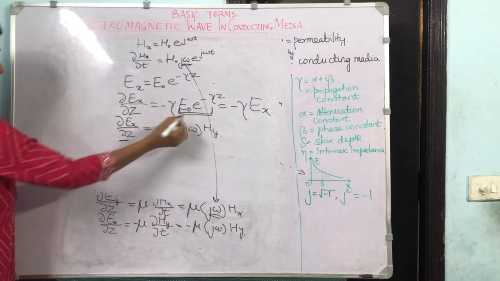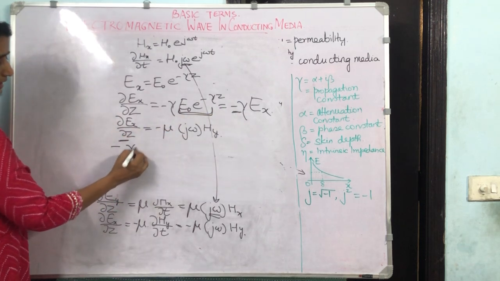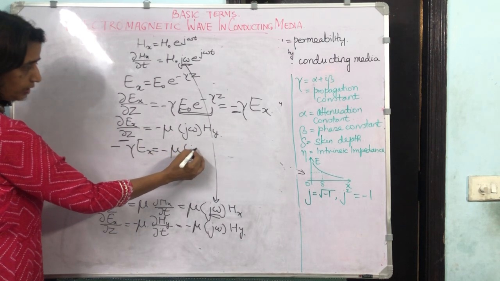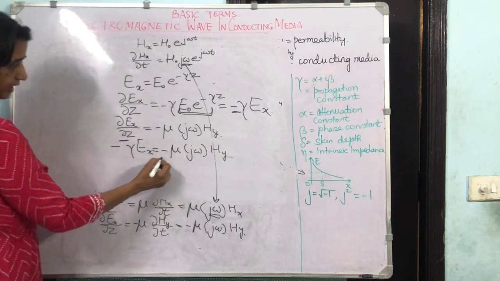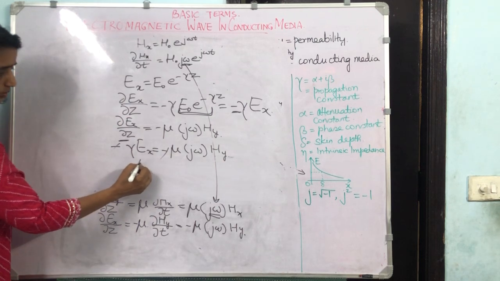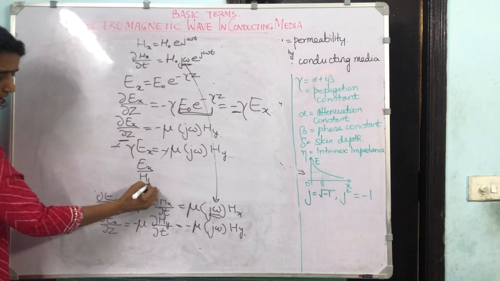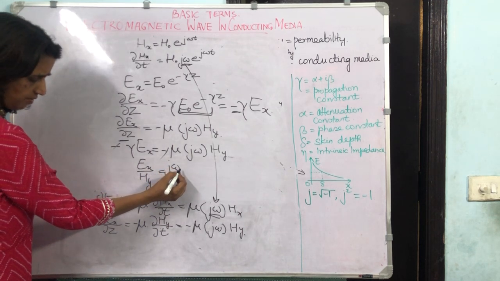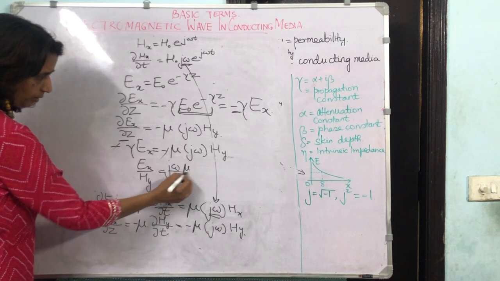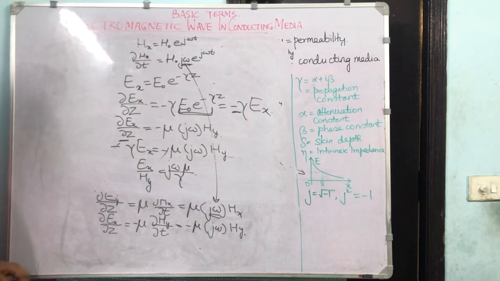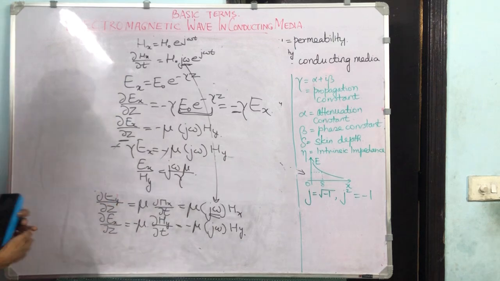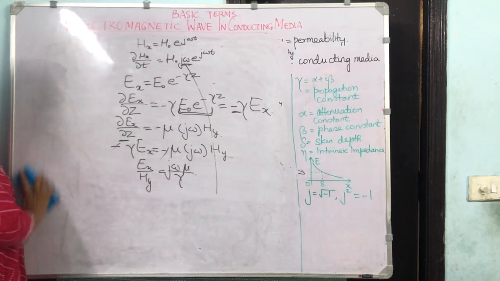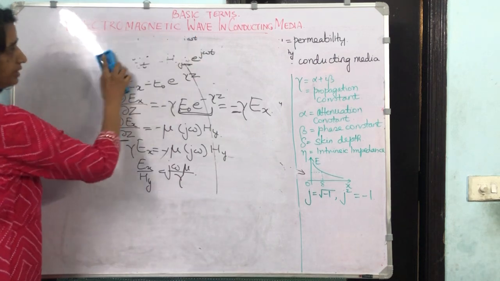So from here, minus gamma EX is equal to minus mu j omega HY. The negative signs get cancelled. You are left with EX upon HY is equal to j omega mu upon gamma, right? Intrinsic impedance. This is the intrinsic impedance of a wave traveling in a conducting media.